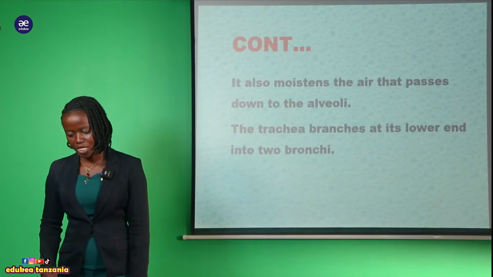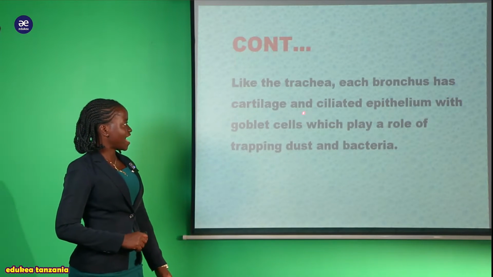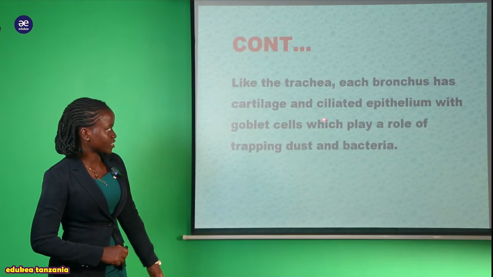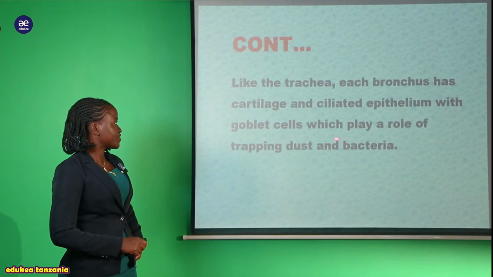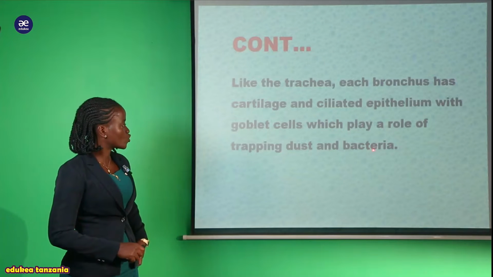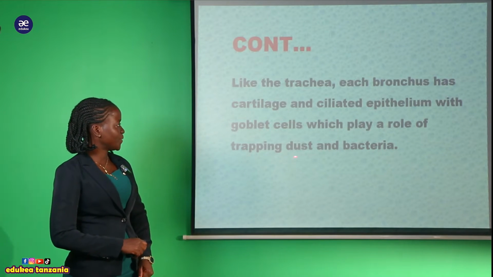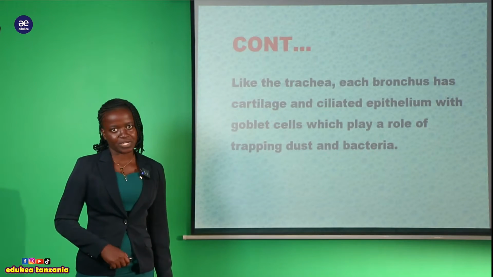When there are two, we call them bronchus. So like the trachea, the bronchus has cartilage and ciliated epithelium with goblet cells that play a crucial role of trapping dust and bacteria.